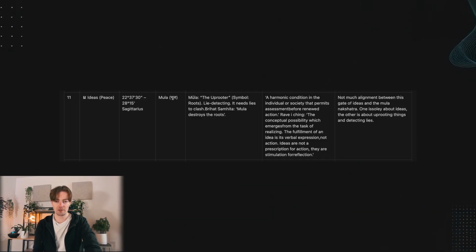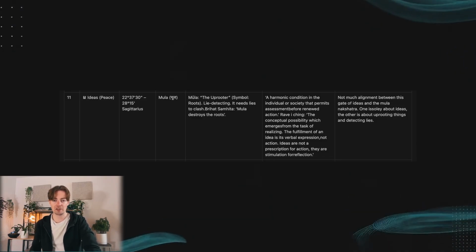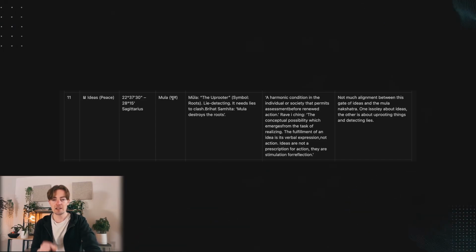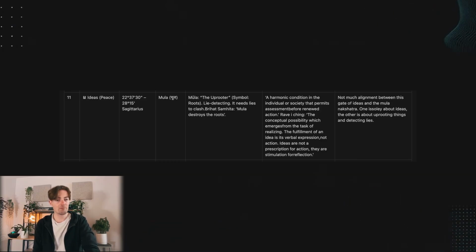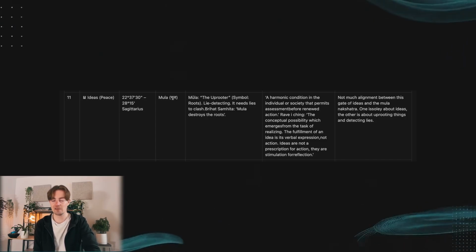The fulfillment of an idea is its verbal expression, not action. Ideas are not prescription for action. They are stimulation for reflection. So it's just a gate of pure ideas, cool ideas, talking about cool ideas, distinct from actually implementing anything. It's just the gate of ideas.